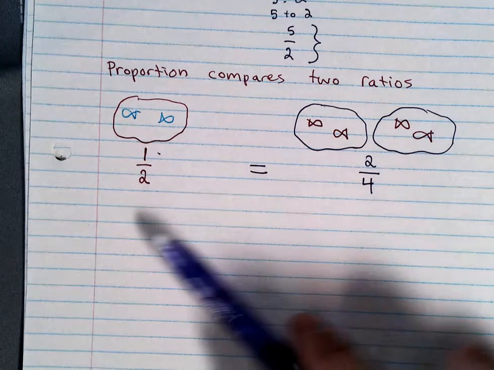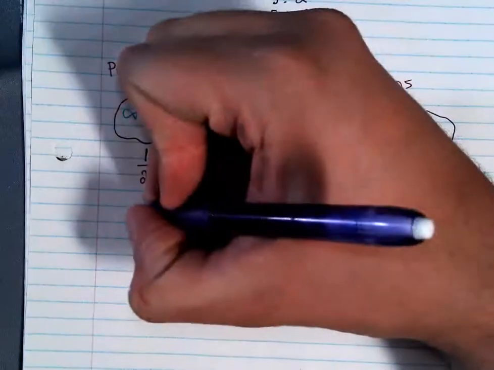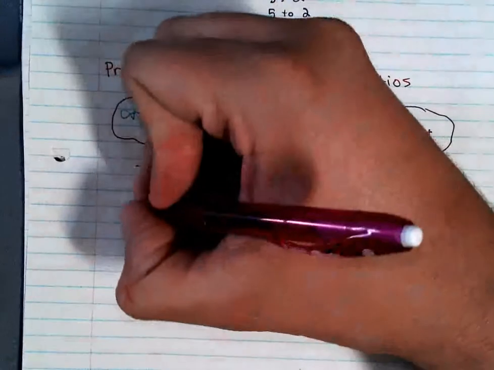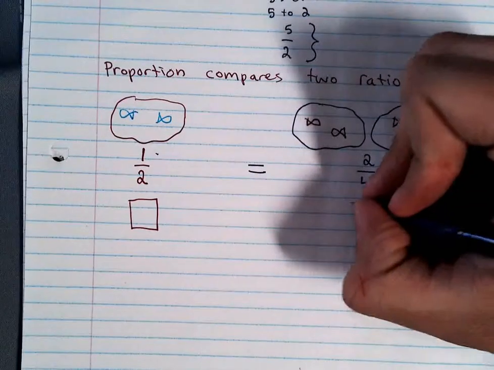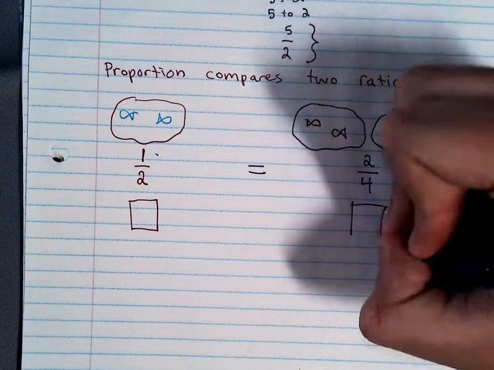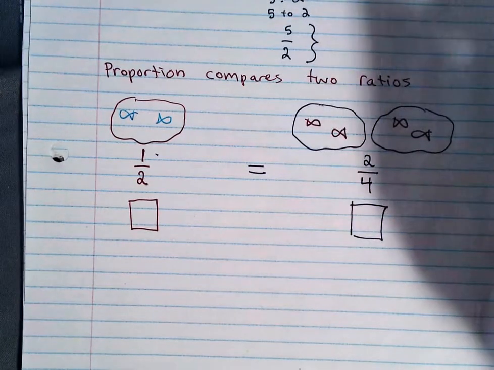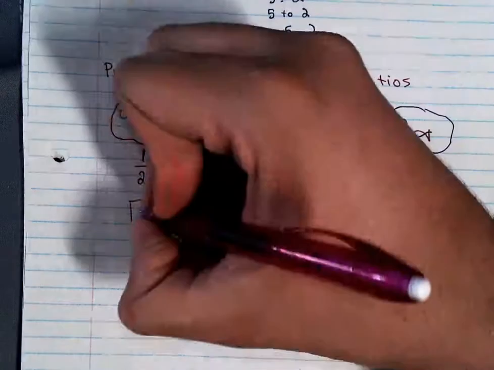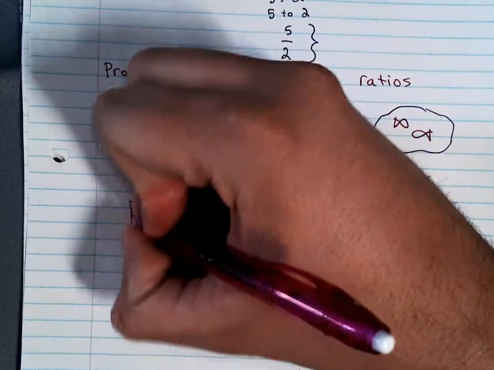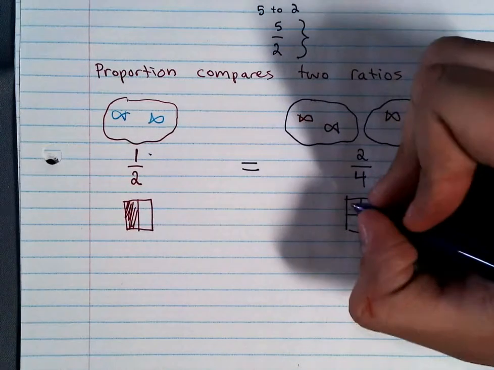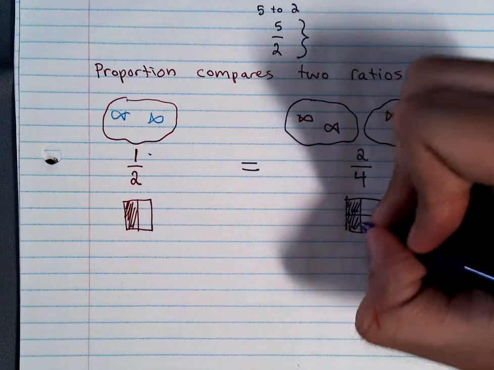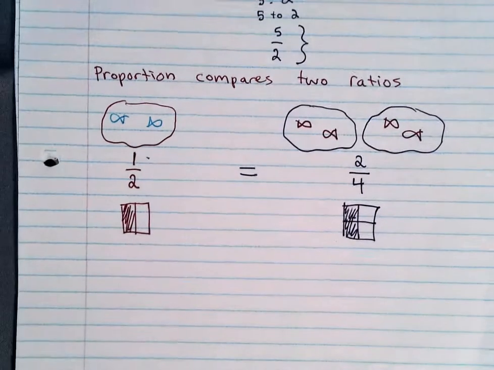Just another way to visualize that, as we might have done before: we have a square and an exactly equal size square over here. If we cut this into half and shade in half, and cut this one into quarters and shade in 2/4, they are in fact equal.